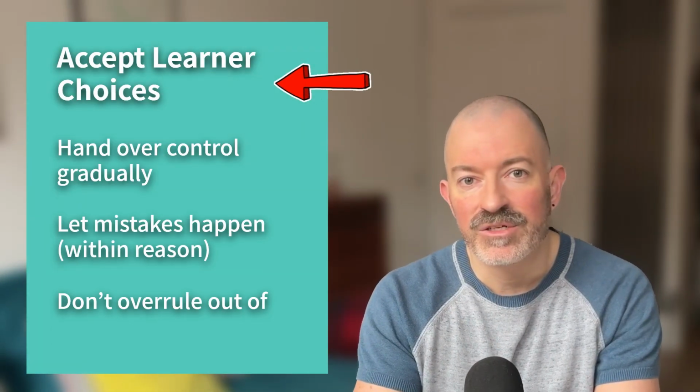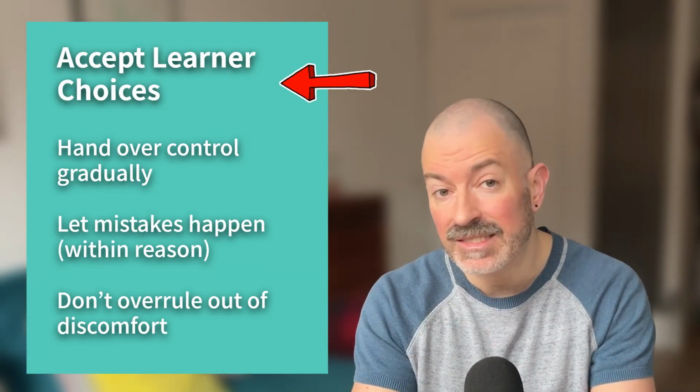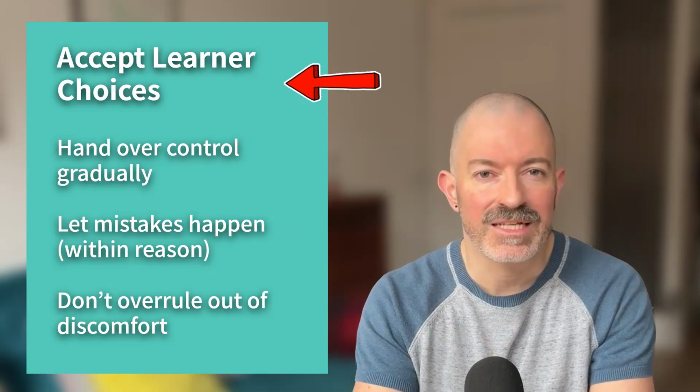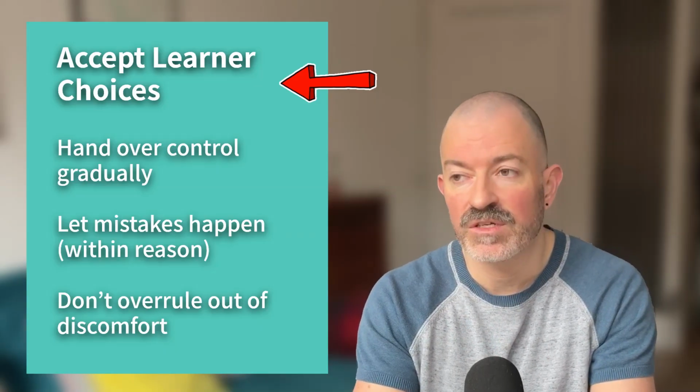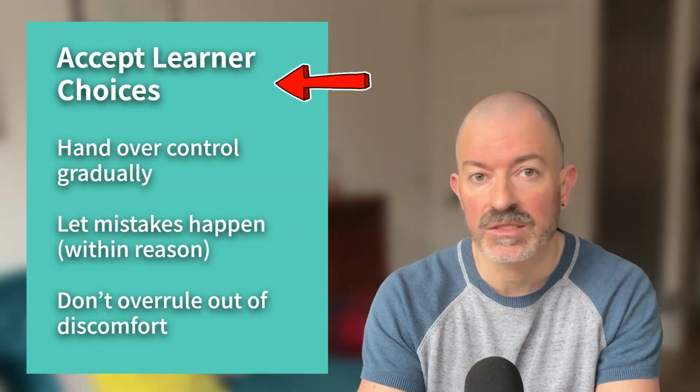And for you as a teacher, your instinct might be to jump in and to correct them. But in my experience, you have to try and resist this. So learner choices, to a great extent, just have to be accepted and should not be overruled by the teacher just because the teacher feels a little bit unsure or a little bit uncomfortable.